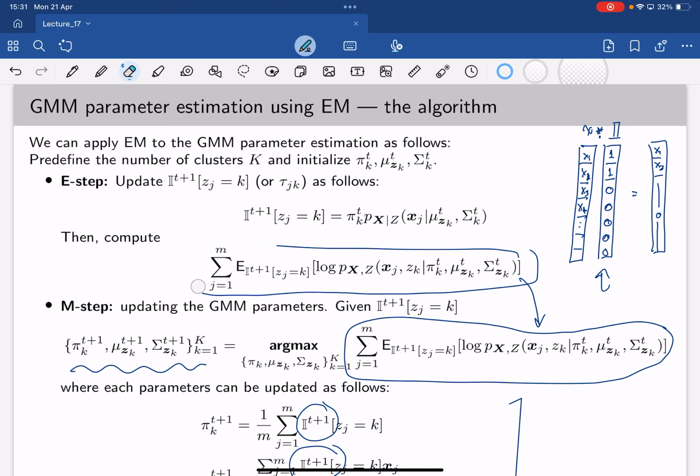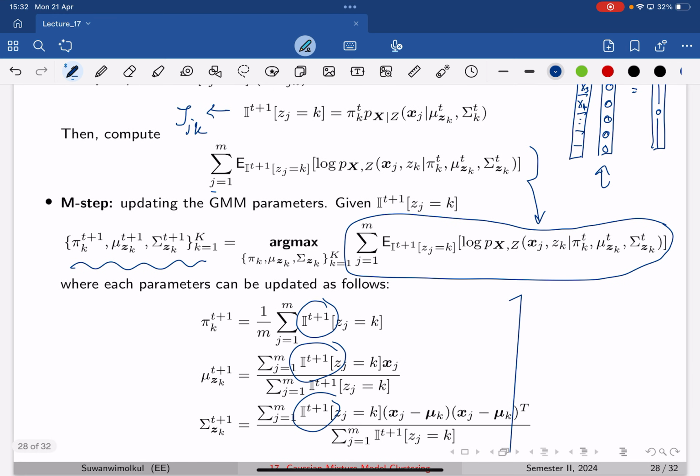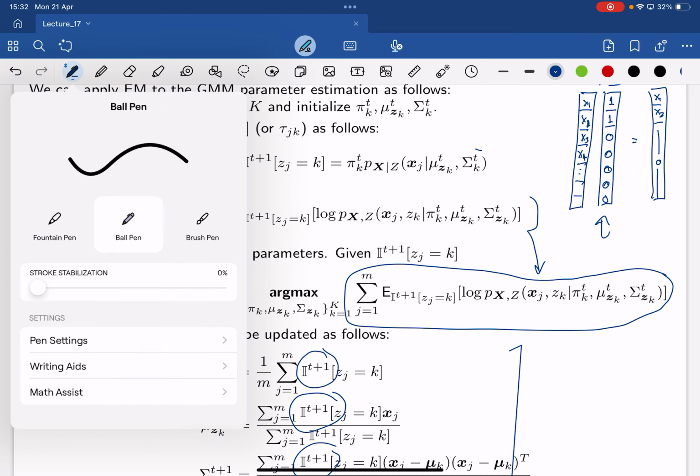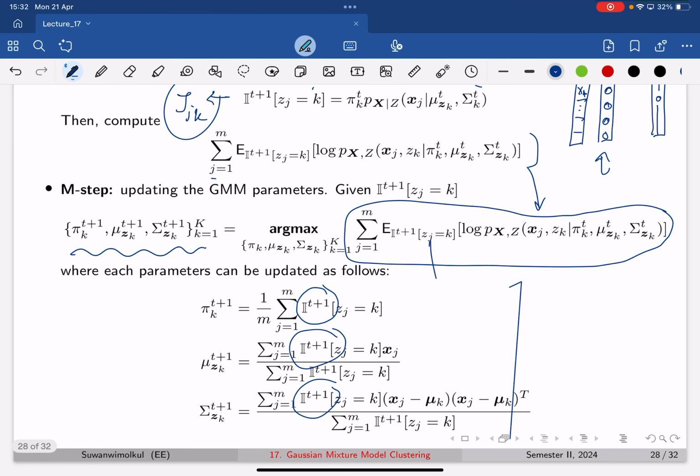So you could probably remember that in the previous step, we get this tau jk before, from the parameters that we estimate, or maybe if we randomize it. But after that, this tau jk will be used as part of the estimation for the model parameters. And as you can see, it's actually hidden inside the closed form formulation as well.